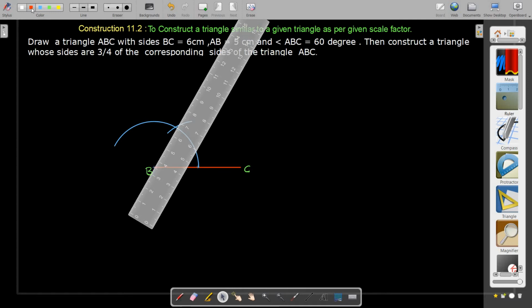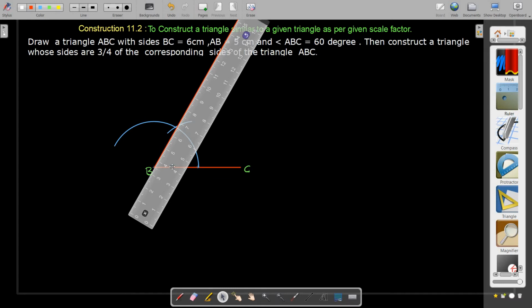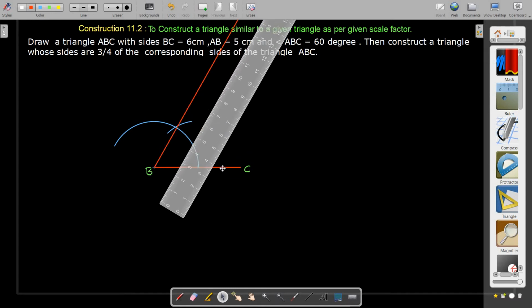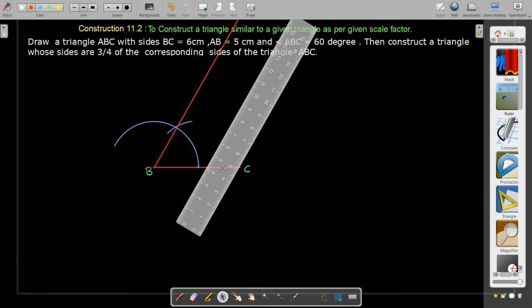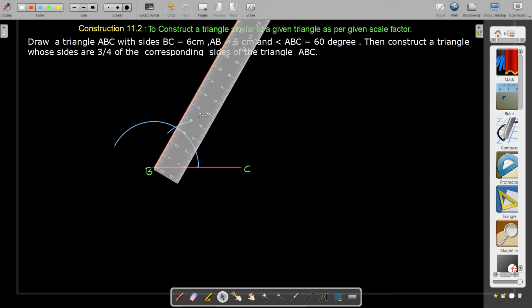So now let us join B to the point of intersection of arcs, and we will get angle 60 at B.